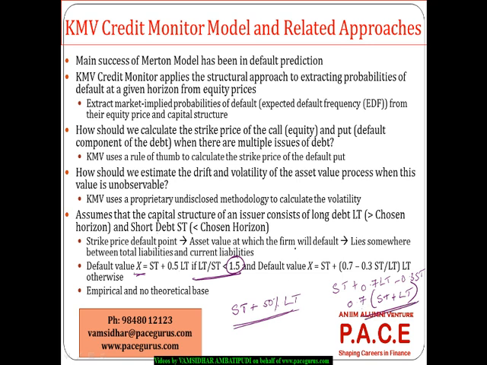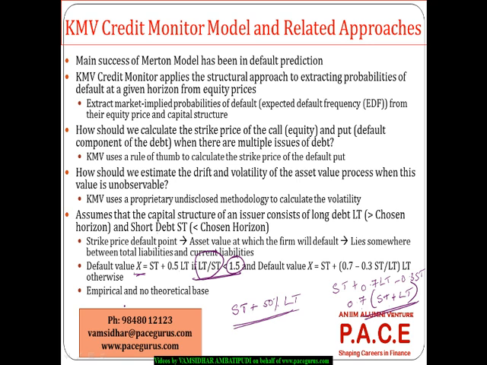They have come out with two different kinds of mechanisms for computing the default. If the ratio long term to short term is less than 1.5, they are simply saying short term plus 50% of the long term is the default value, the value of the assets where the bond might default.